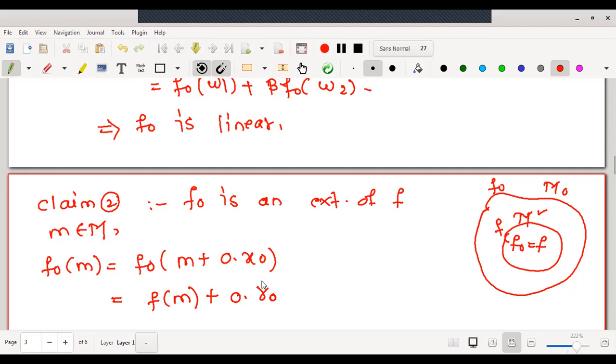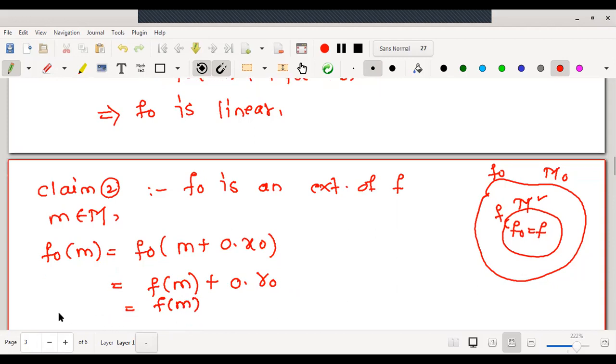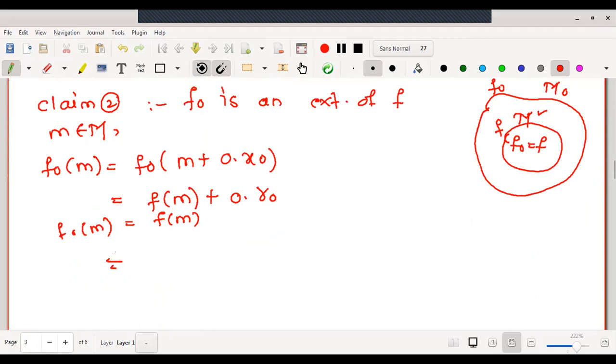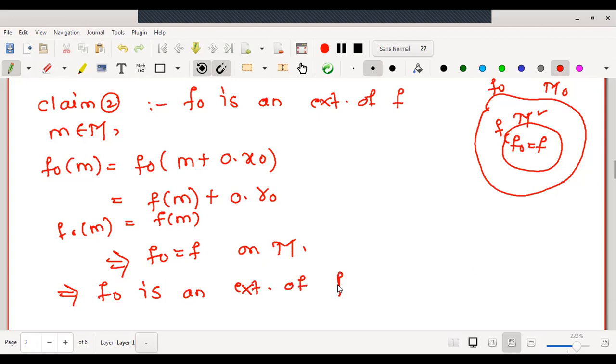But 0 into r naught is 0, and f of m plus 0 will be f of m. Therefore, here we have proved f naught of m is equal to f of m for the elements of m. Therefore, I can write f naught is equal to f on m. Thus, f naught is an extension of f. Second condition we have proved.